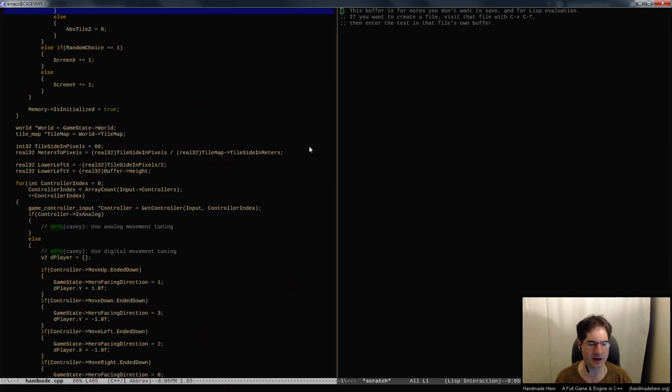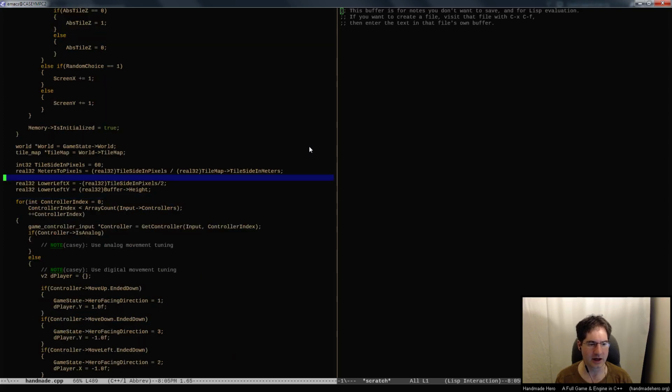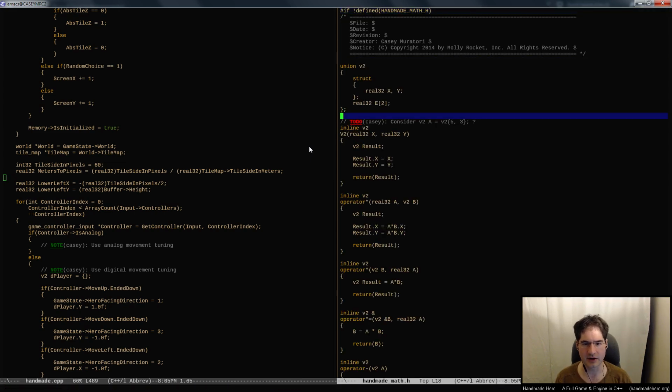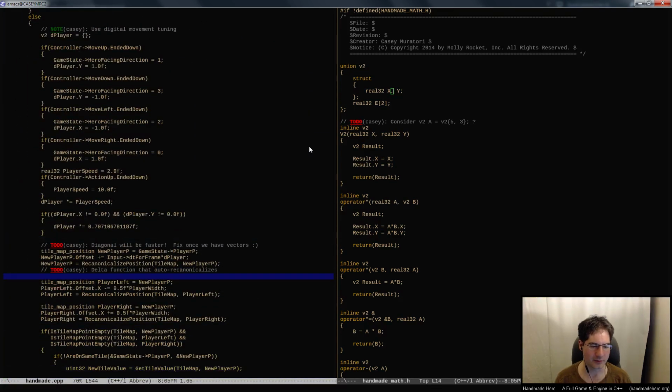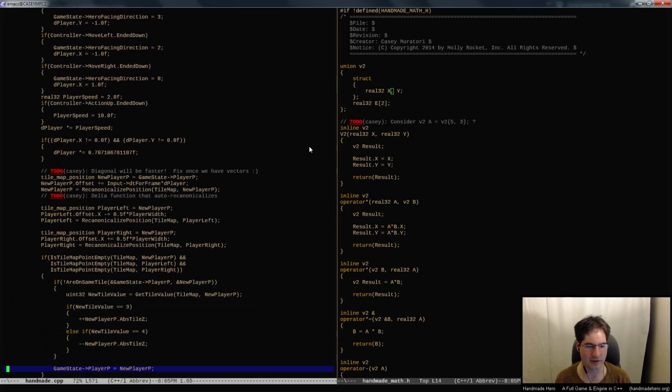Now, if you remember yesterday, we started replacing things with a vector structure. At the end of the stream, we turned it into a union. It's basically just an XY pair, like that. We then made all of our code start working with that XY pair, which made a lot of things that were verbose a little more straightforward.